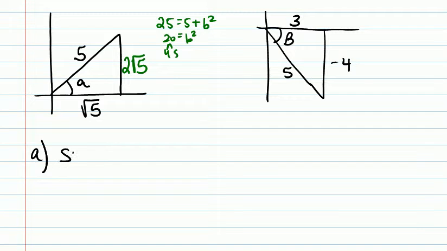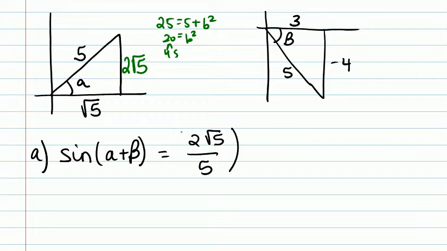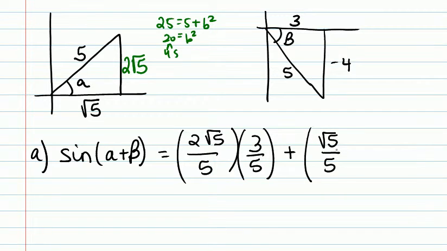So the rule says the sine of A plus B is the sine of A, 2 root 5 over 5, times the cosine of B. Cosine is x, so 3/5, plus the cosine of A, root 5 over 5, times the sine of B, -4/5.